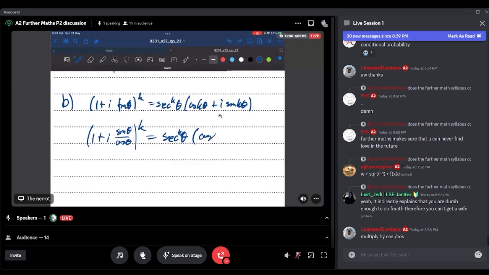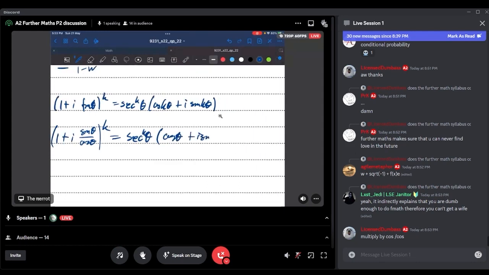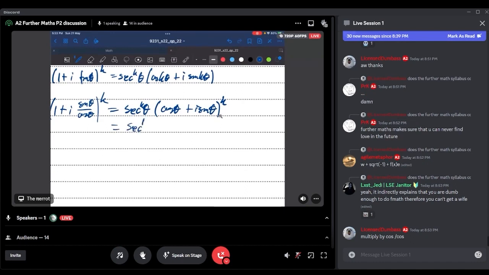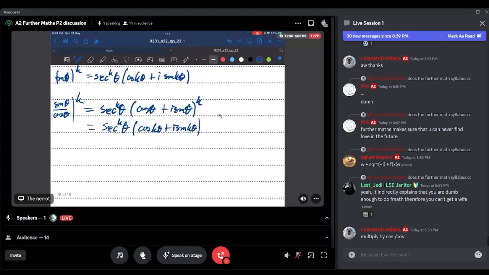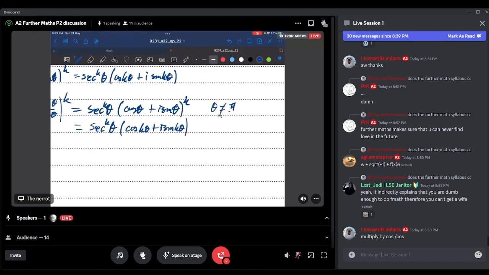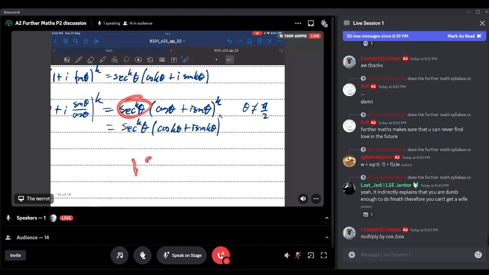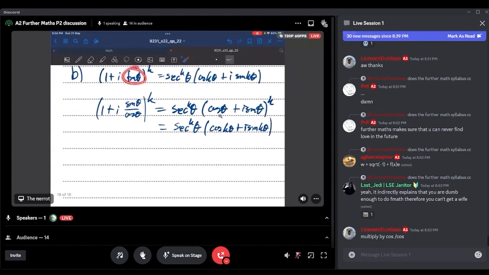And that's where you apply De Moivre's theorem. And it's also a good thing that they stated that theta can't be equal to this, because or else goodbye, you have an undefined thing.